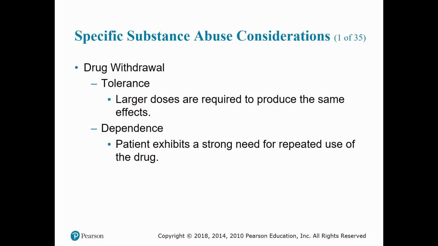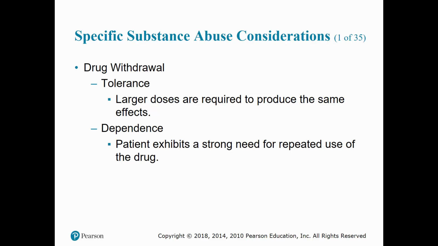Some considerations that we want to take with substance abuse is their tolerance and dependence. With tolerance, when they're taking a medication, they get to a point to where their body's used to it. Now it's not having the same therapeutic effect, so now the patient's having to take more of it to get that same feeling.